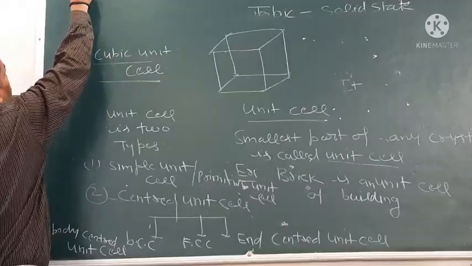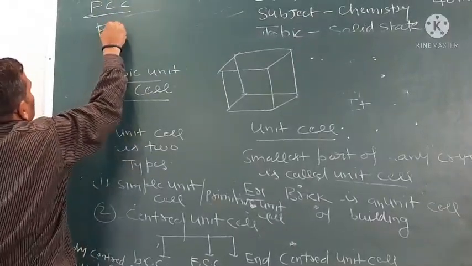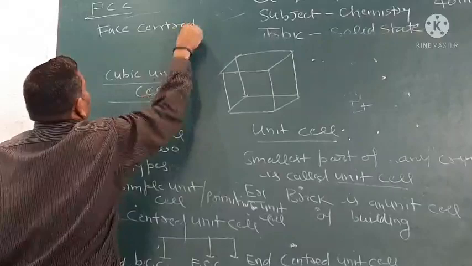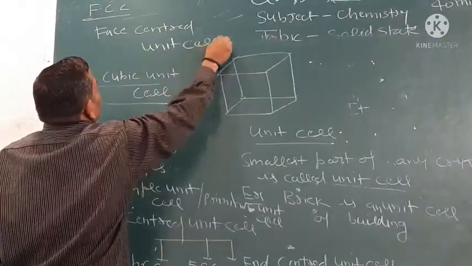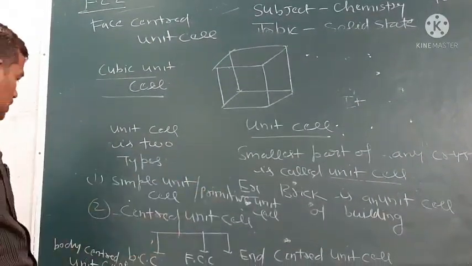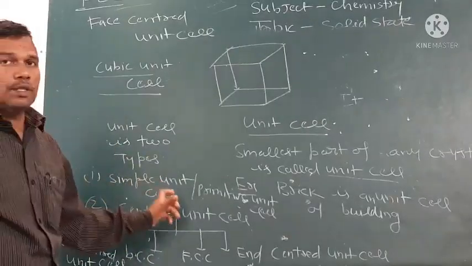FCC means face centered unit cell, and the third is the end centered unit cell.